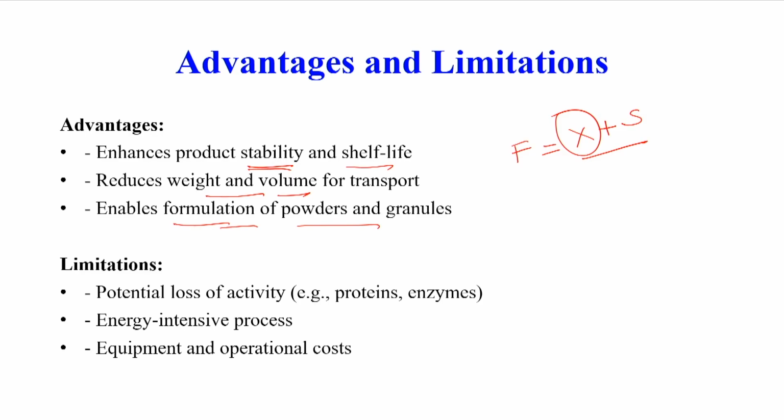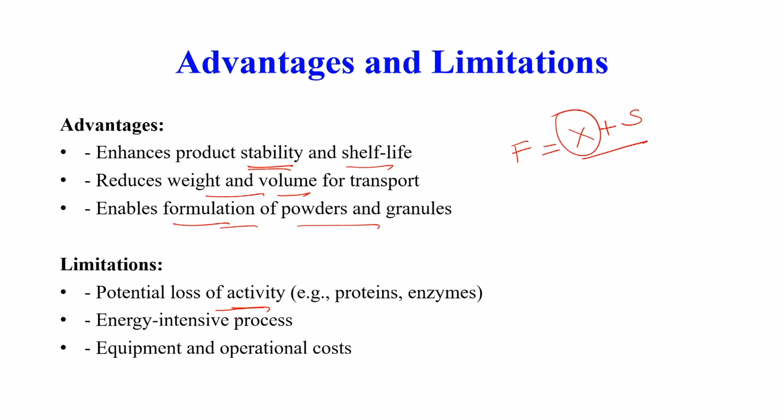So, the material needs to be exposed to a certain temperature to remove the moisture content. So, there may be potential loss of activity if it is an energy sensitive product, let us say protein or enzymes, and it requires the input of energy.